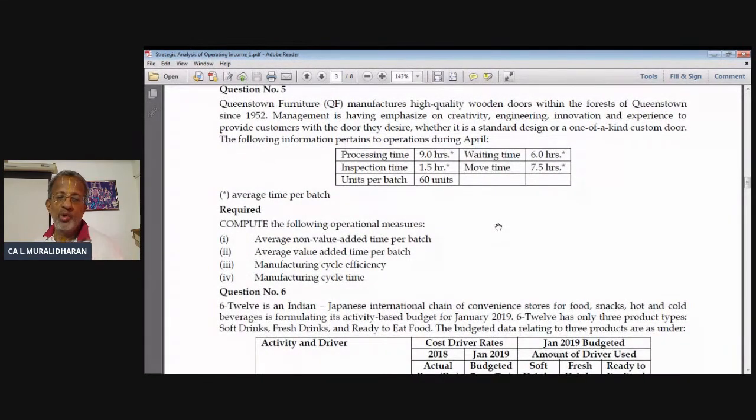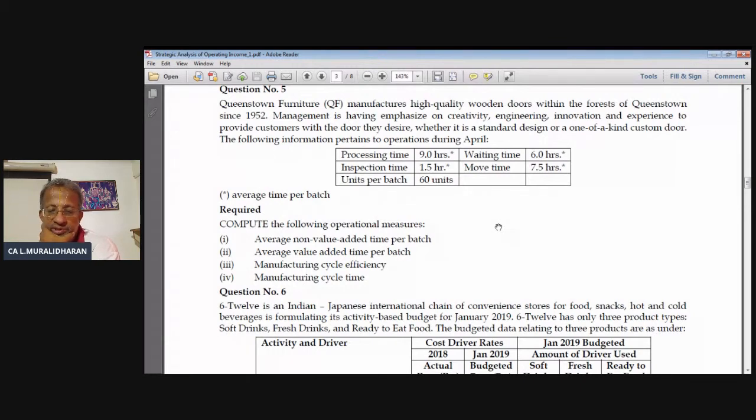Queenstone Furniture, QF, manufactures high quality wooden doors within the forecast of Queenstone since 1952. Management has an emphasis on creativity, engineering, innovation, and experience to provide customers with the door they desire, whether it is a standard design or one of a kind customer door. The following information pertains to operations during April.